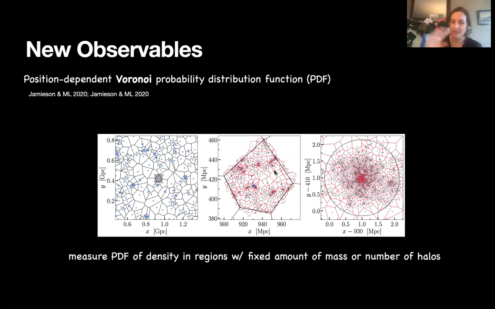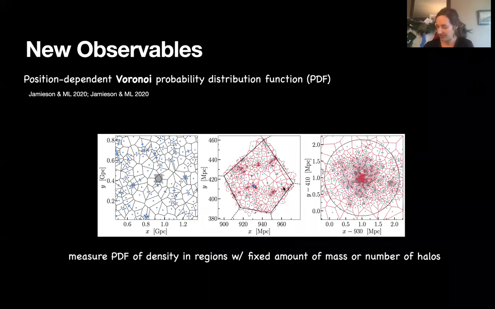So this is a different way of measuring the probability distribution function, and it is somewhat more related to measuring the probability distribution functions for regions selected on Lagrangian volume rather than Eulerian volume, because it has regions of fixed mass as opposed to fixed volume. And the Lagrangian density field is the density field measured in regions of fixed mass.